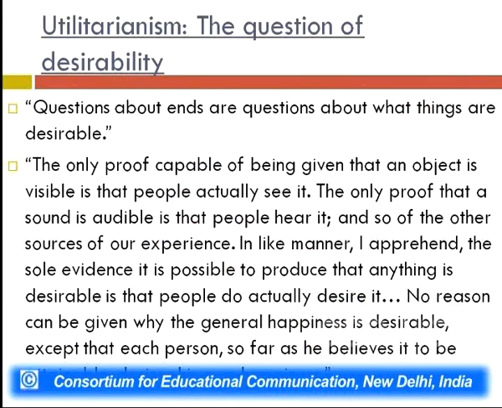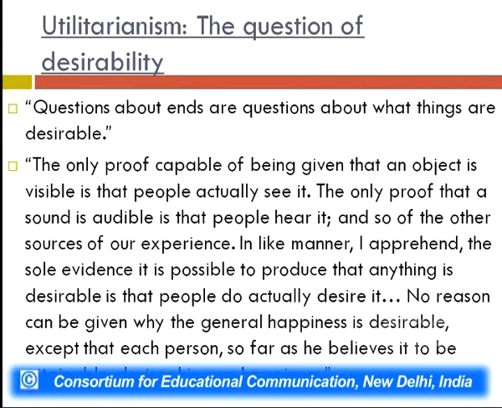So, according to Mill, the question of desirability is intimately connected with the question of ends. If somebody asks why a certain action is desirable, then he says the only way to answer it would be in terms of the ends that particular action results in.